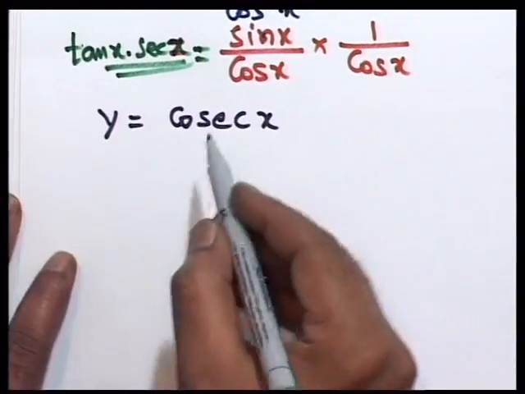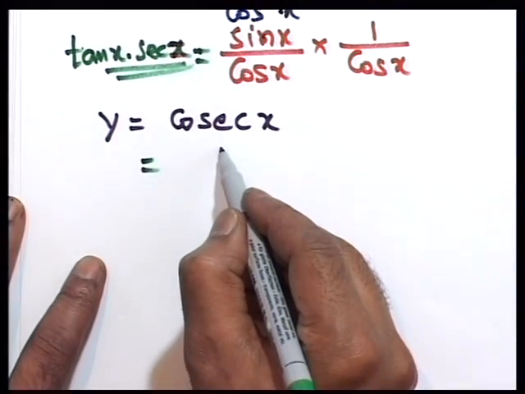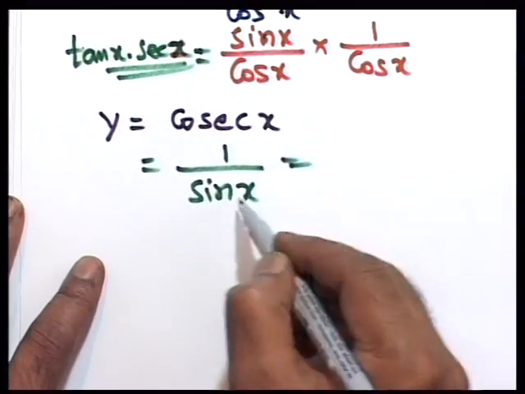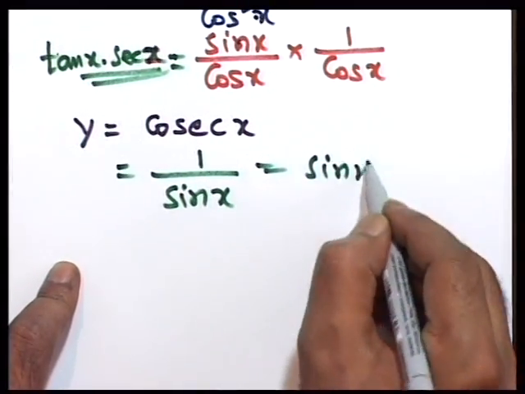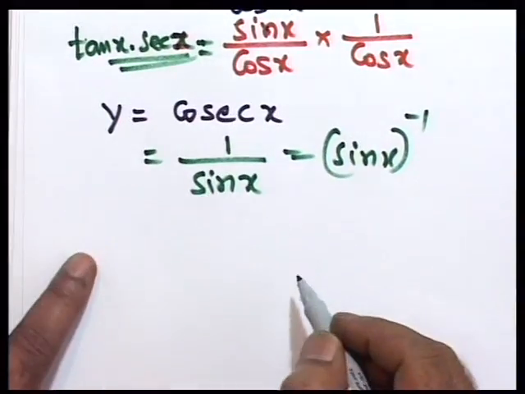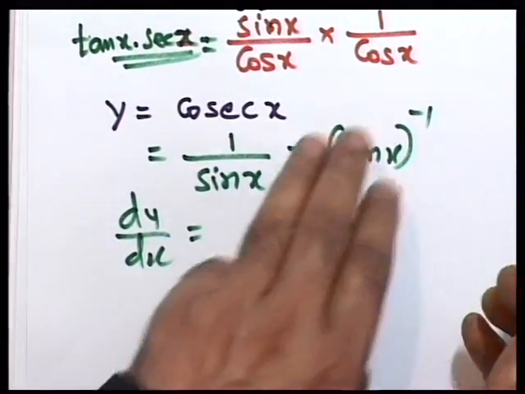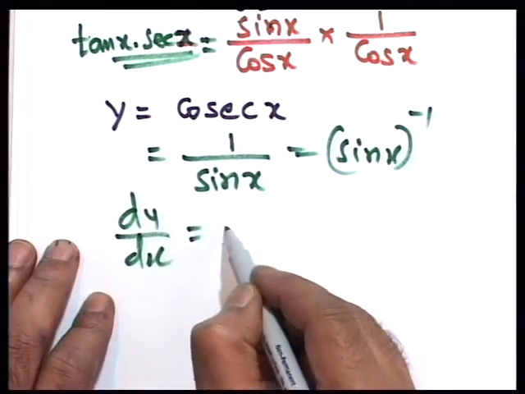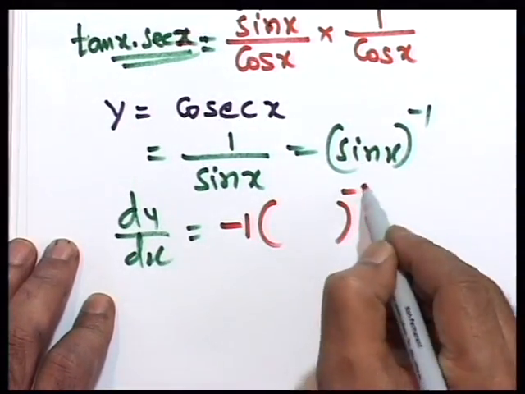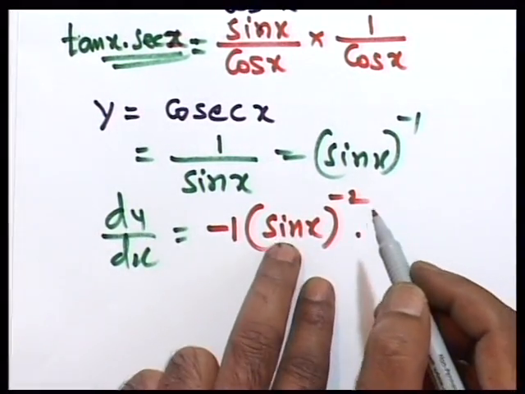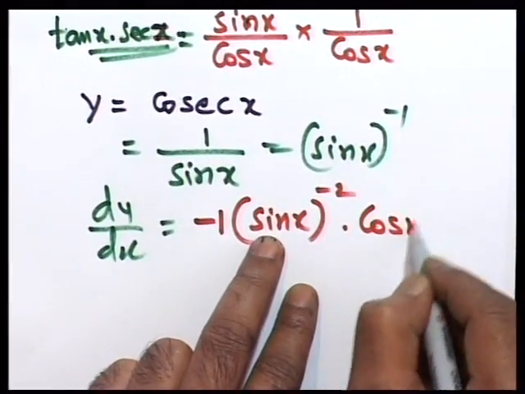There is a cosec here. I'll leave that to you. It's going to be 1 over sin x, please. Take the sin x to the top, which is sin x to the minus 1. Now you can differentiate: dy over dx is equal to bracket to the minus 1 is minus 1 bracket to the minus 2, right? Then differentiate the bracket using the chain rule, which is a cos x.